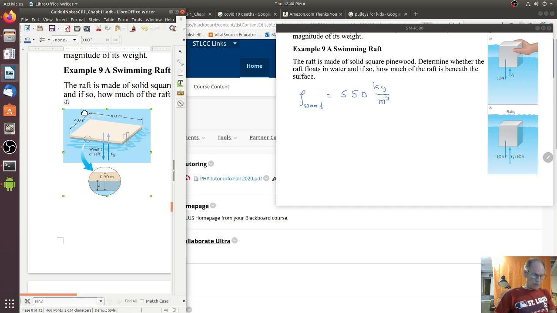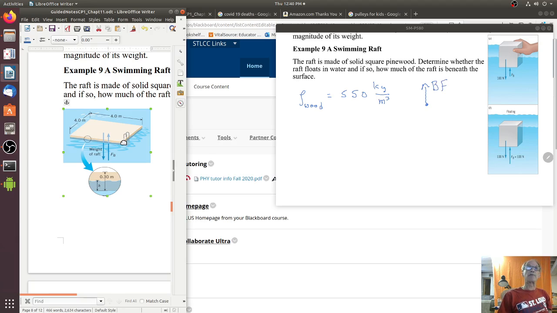So we're supposed to determine how much of this raft is below the surface. They're calling that height h here. In the picture, they're telling us that the raft is 0.3 meters thick, and it's 4 meters by 4 meters. Okay, so if it's balancing or floating, that means that the buoyant force, which I think they use FB, I'm going to use BF, best friend.